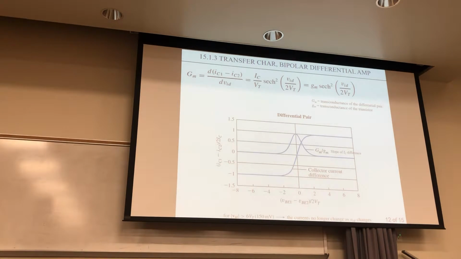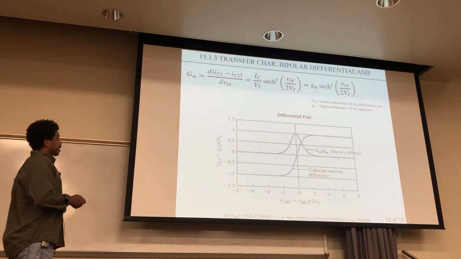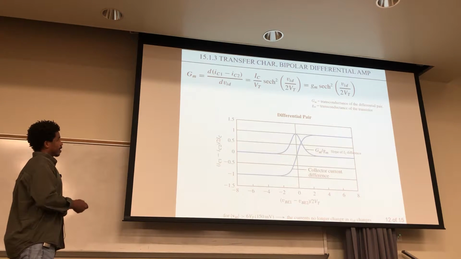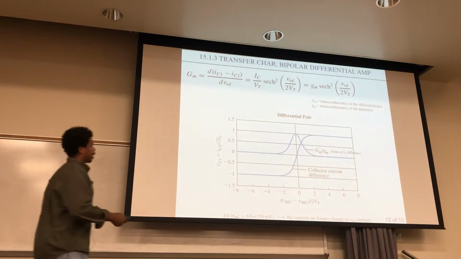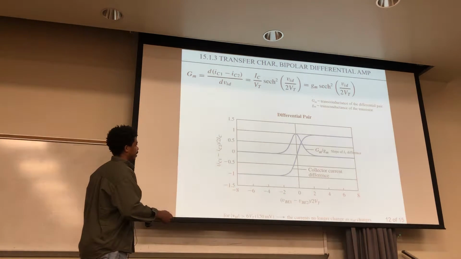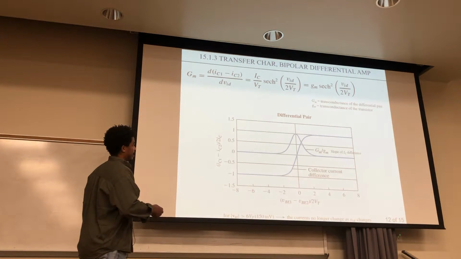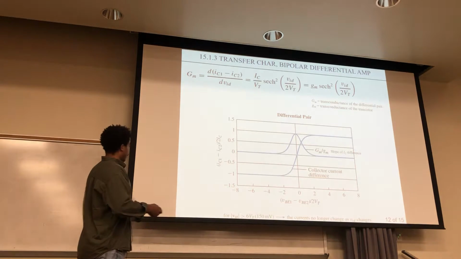Now here's what the transfer characteristic looks like. So here is the difference between these collector currents. Collector current is on this axis, and it's sort of normalized a little bit. And the VID, which is the difference in VBEs, is on this axis right here.